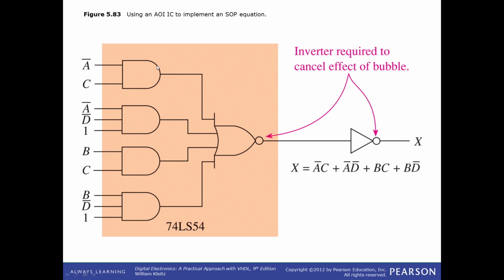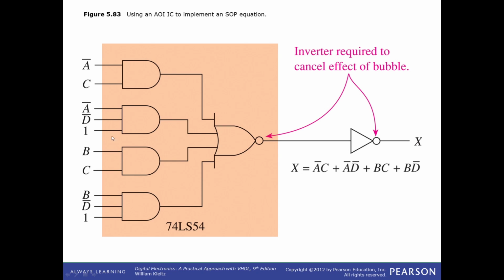We can basically use it to create whatever equation we want with A, B, C, and D. So we can invert A and AND it with C, or we can invert A and invert D and AND it with a 1 to cancel out the effect of that particular pin, because anything ANDed with a 1 is just itself, so it kind of just ignores that pin, or we don't need to be concerned about that input.